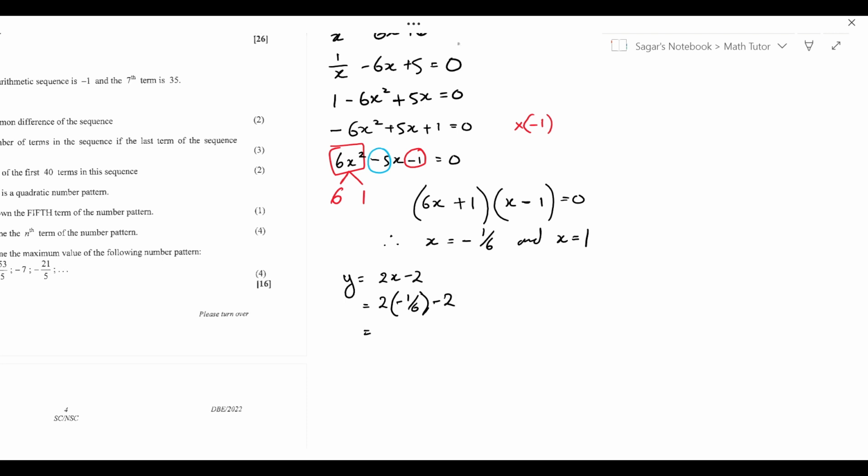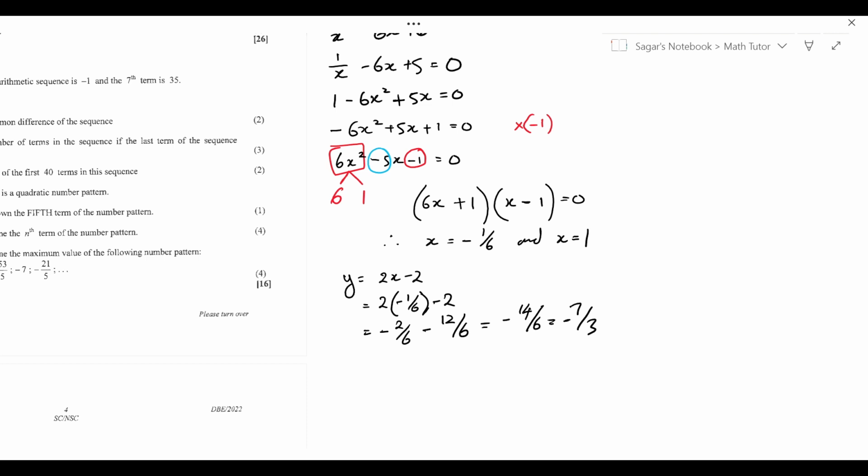Right. That will be minus 2 over 6 minus 12 all over 6. That will give us minus 14 all over 6, which is minus 7 all over 3.